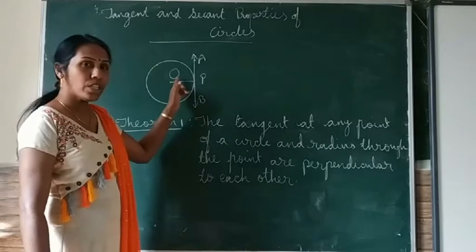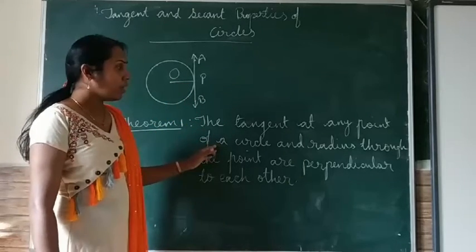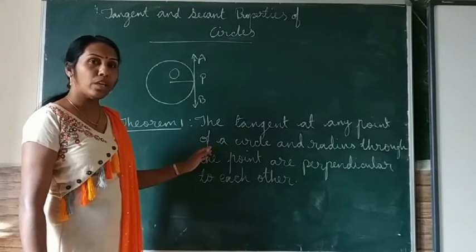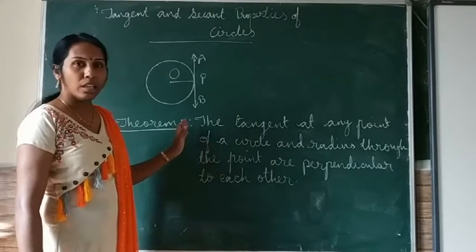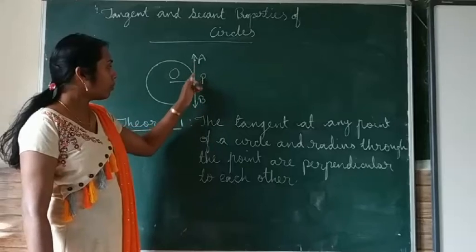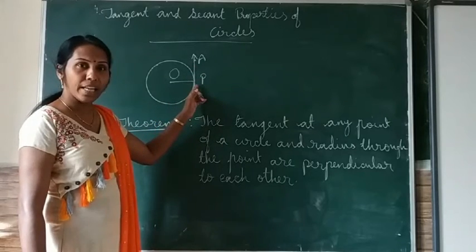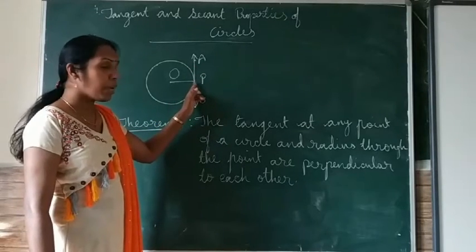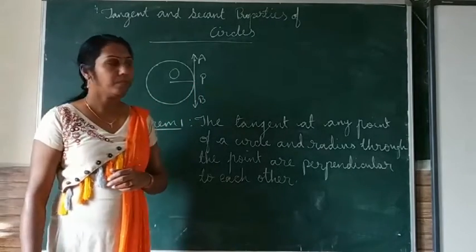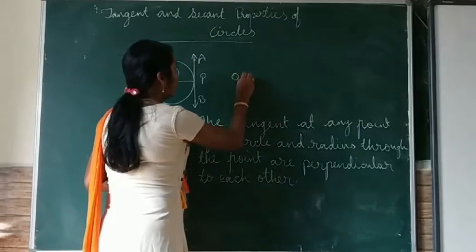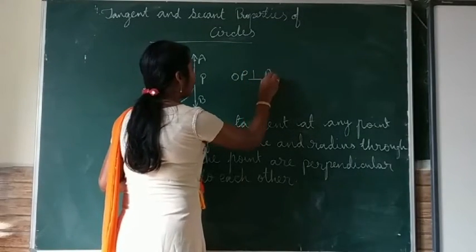So at any point, the tangent will be perpendicular to the radius drawn at that point. So this is the theorem, OP perpendicular to AB. The tangent and the radius at a particular point of the circle are perpendicular to each other. We can write OP perpendicular to AB.